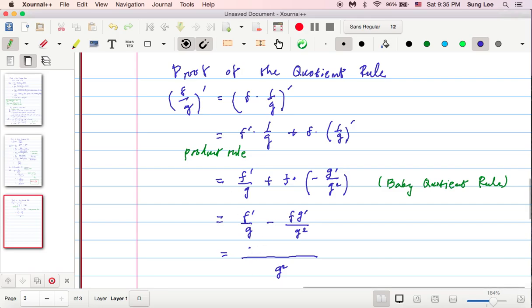So I have f prime g minus f g prime, all over g squared. There you go, this is the quotient rule. We just proved the quotient rule. It's easy, right?